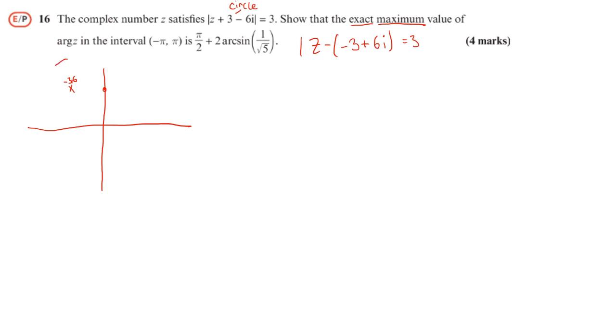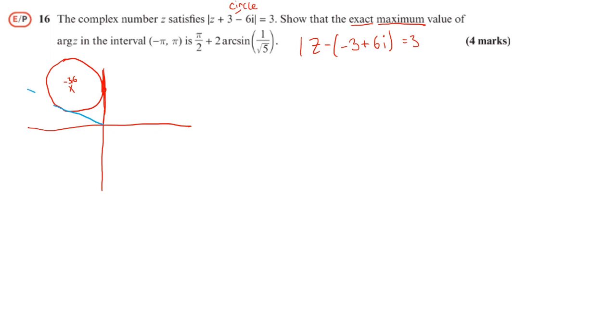Let's try and draw that. Bit messy, but that's fine. We know that the arg is the angle, and the largest angle from this axis is going to be over here, so let's see if we can draw that.